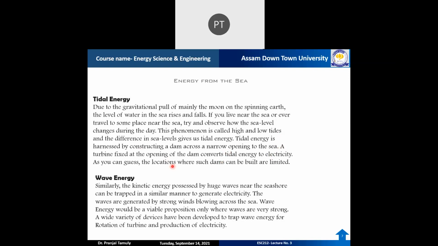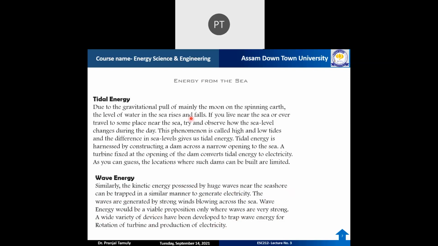Another form of energy is wave energy. Similarly, the kinetic energy possessed by the huge waves near the seashore can be tapped in a similar manner to generate electricity. The waves are generated by strong wind blowing across the sea. Wave energy would be a viable proposition only where the waves are very strong. A wide variety of devices have been developed to trap the energy for rotation of turbines and production of electricity.